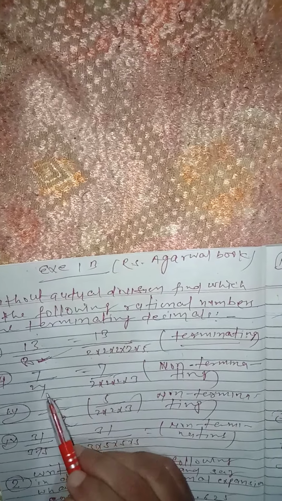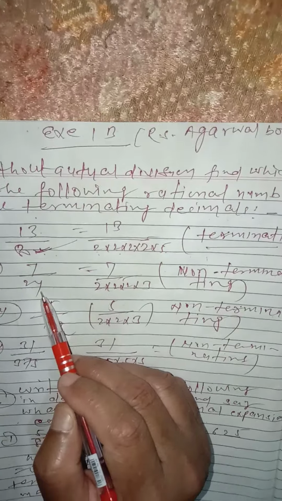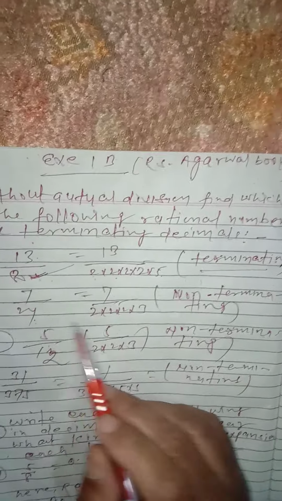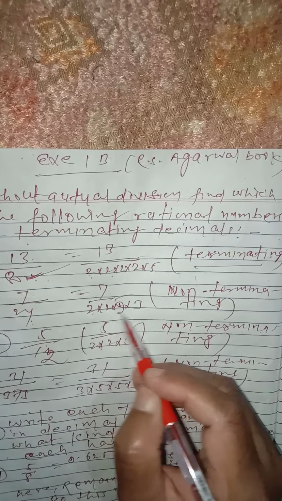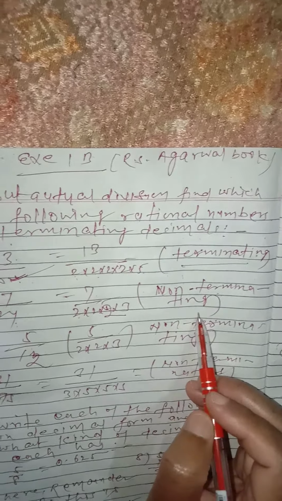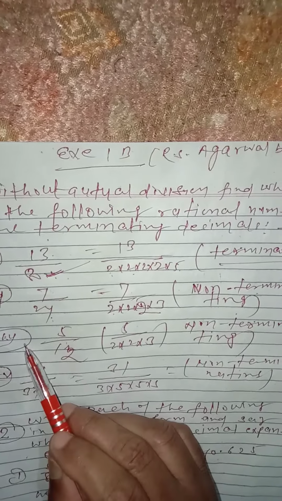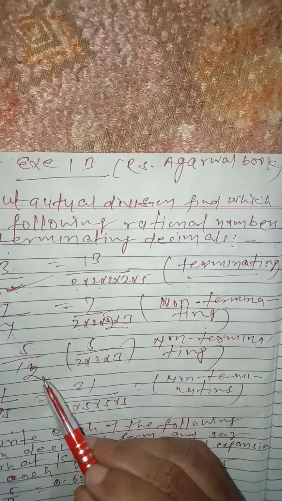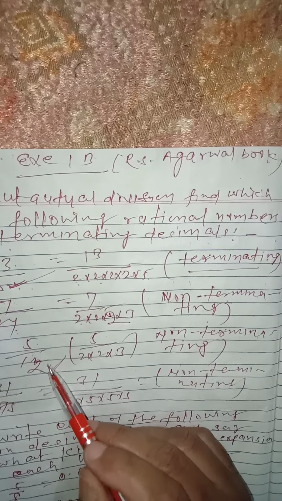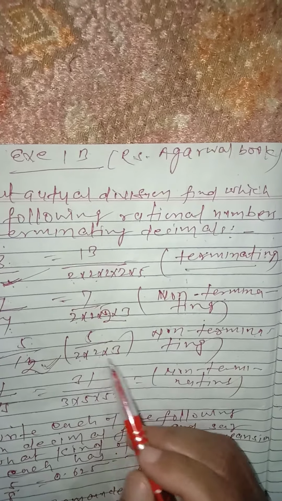Second question, 7/24. In 7/24, the prime factors of 24 are 2 into 2 into 2 into 3. So this is a non-terminating decimal number. Next, 5/12. In 5/12, the denominator is 12 and the prime factors of 12 are 2 into 2 into 3.